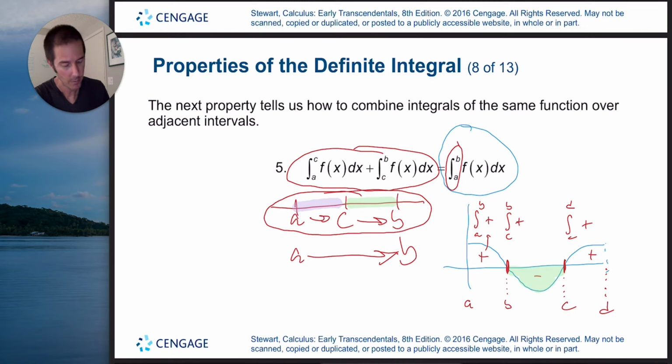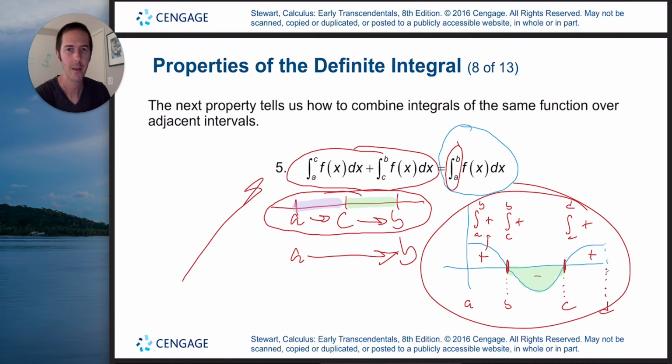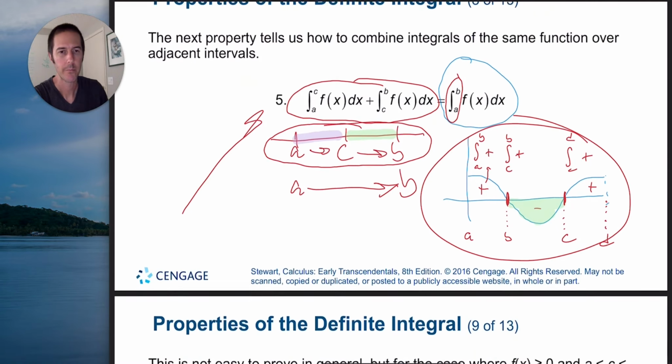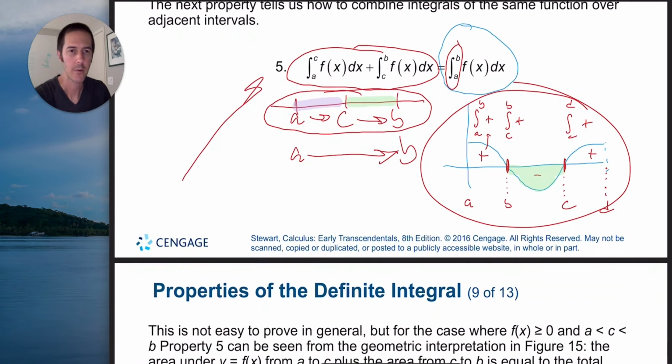So I did a couple of kind of clever things here, one of which is switching my limits of integration. The c to b became b to c, right? I swapped those so that it would negate my already negative area under the curve and make it positive. And the other clever thing is we used this property number 5 in order to chop up our interval so that we can find the area under the curve in a very specific way, where we're not getting stabbed in the back by that negative area down there, if we don't want it.